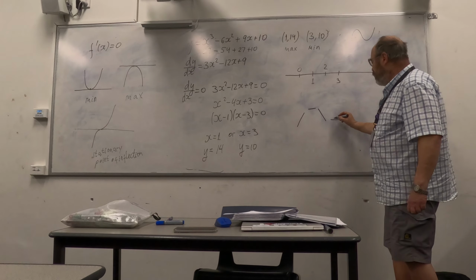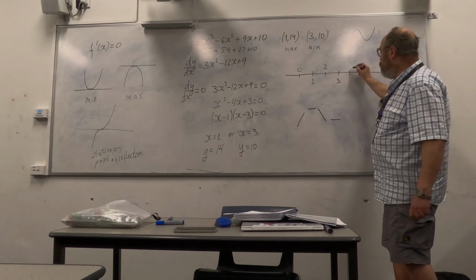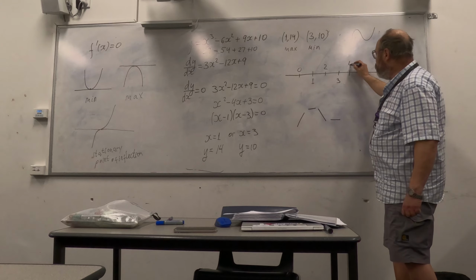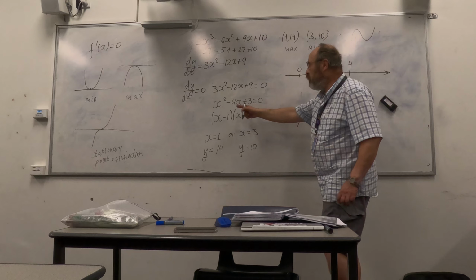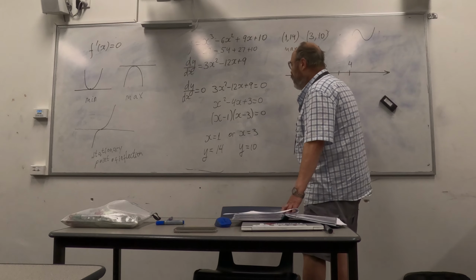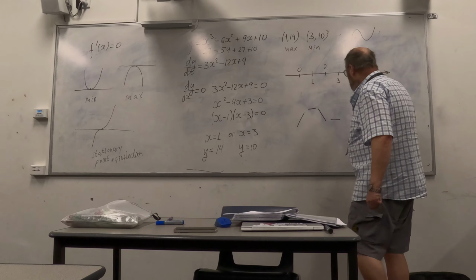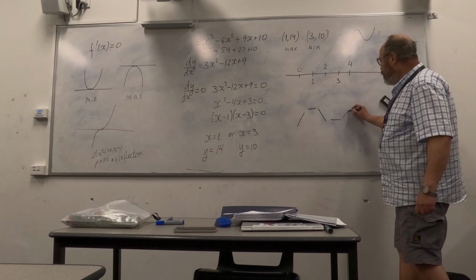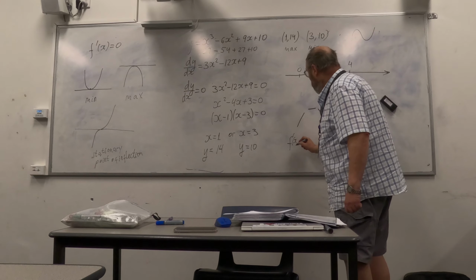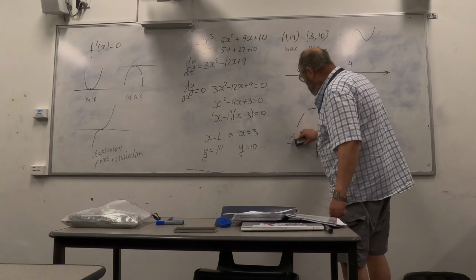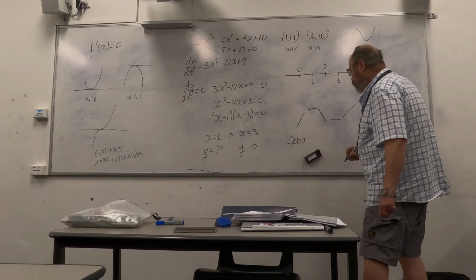At 3, the gradient is flat. Now let's take another point, 4. Substituting 4, we get 16 minus 16 plus 3, which is 3, so it's positive. So f'(0) is greater than 0, the function is increasing.